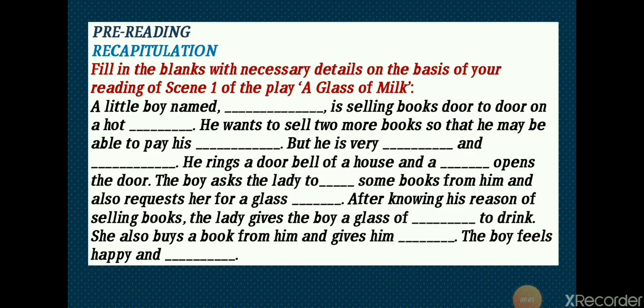Dear students, in this recapitulation exercise, you have to fill the missing details in the blanks. Now you have to understand what is to be filled in every sentence. When you complete this paragraph, it is actually the narration of scene 1, in which the boy meets a lady.